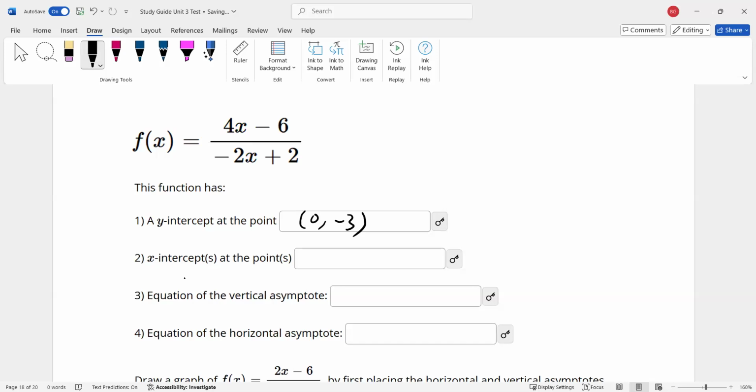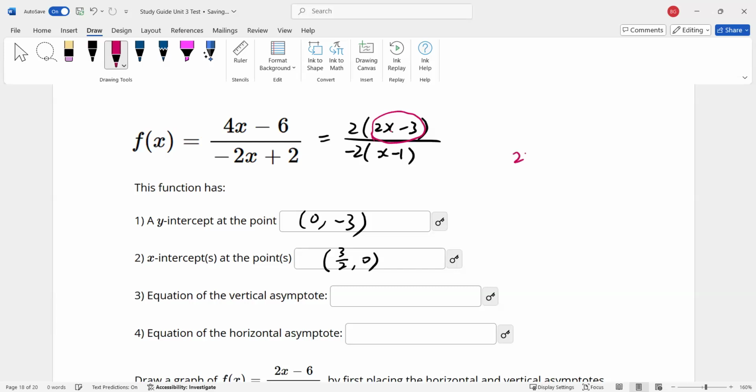X-intercepts: it is better to factor the numerator and the denominator. Factor 2 out, we have 2x minus 3. Factor -2 out, we have x minus 1. They do not have a common factor, so we can safely say the x-intercept is at (3/2, 0), because 3/2 will make this part be 0.